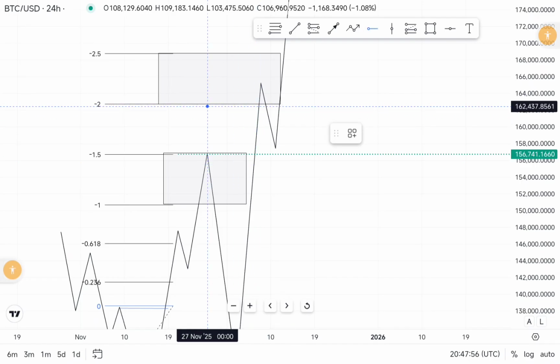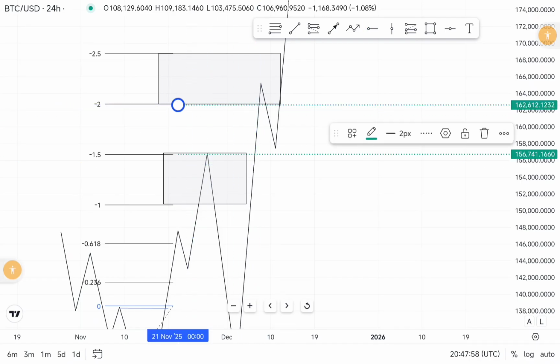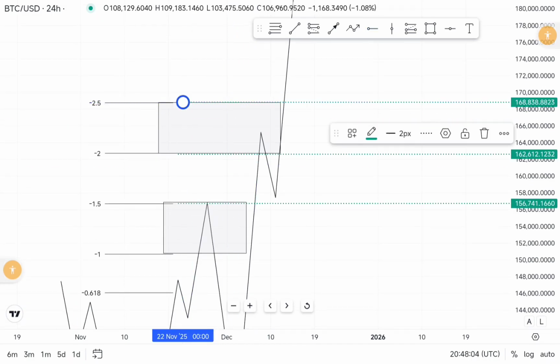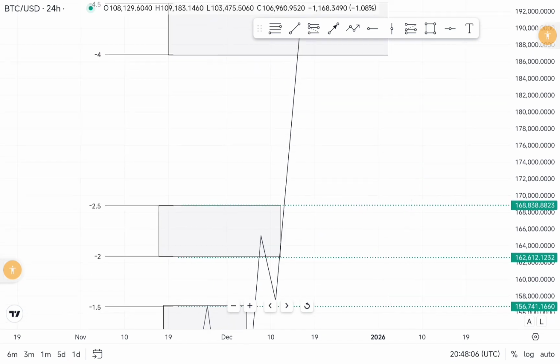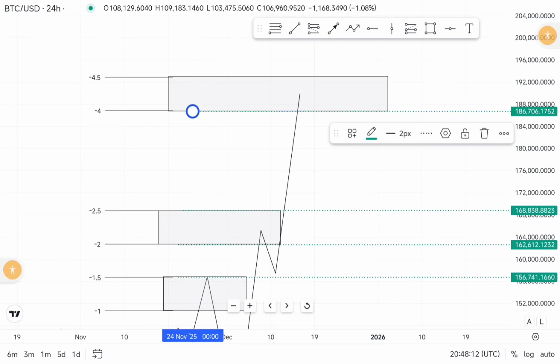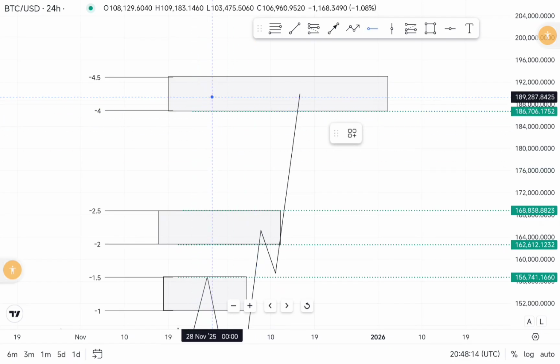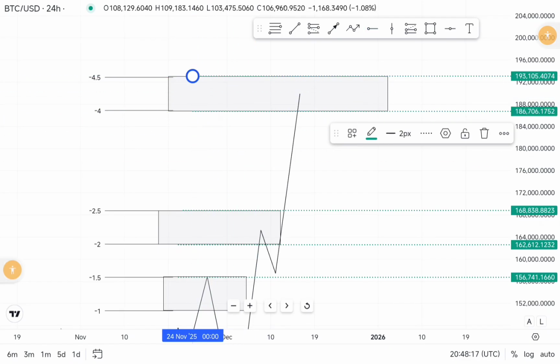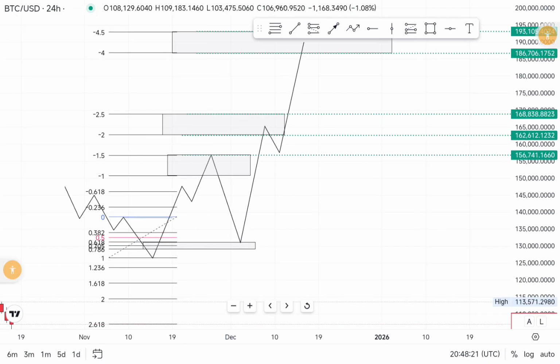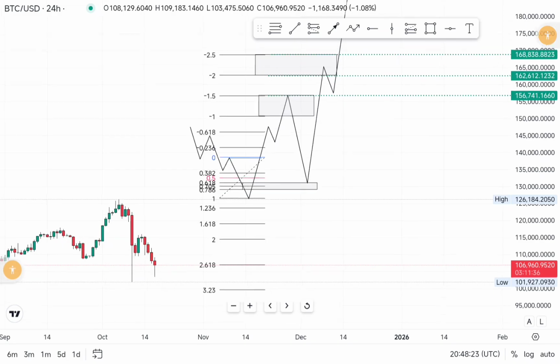The -1 to -1.5 region, which serves as a pullback point. The -2 to -2.5 region, which illustrates the end of the trend, or the -4 to -4.5 region, which signifies an extension when there is volatility in price movement. So let's go back to our charts.